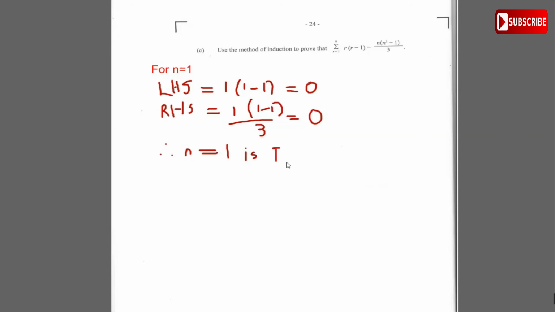So now we need to look at when n is equal to k. When n is equal to k, what is going to happen? Let us find out. We're going to do some assumption.